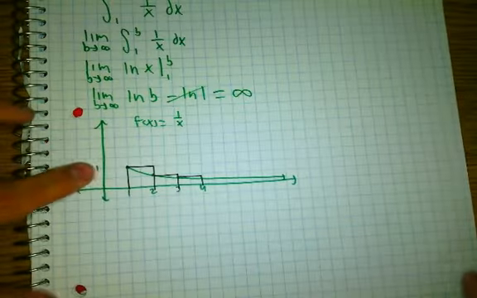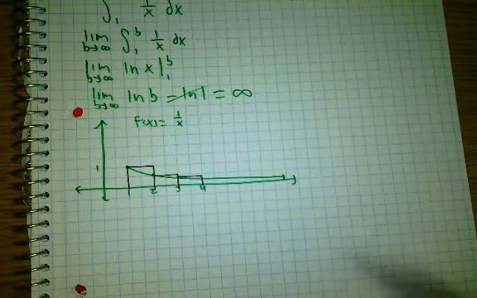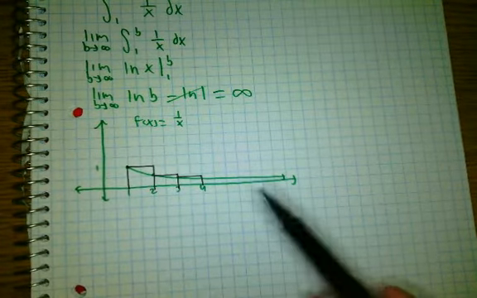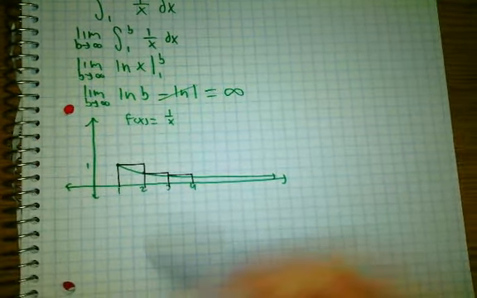Through Riemann sums we get an approximation. Would you say that my approximation is more or less than the actual area? More. This is an overestimation, because I have all these little extra parts on each one of these rectangles.